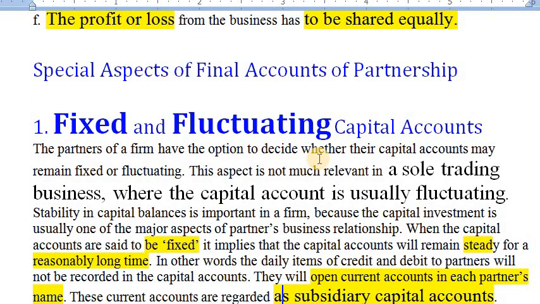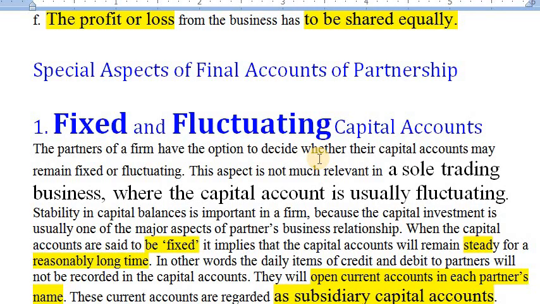If all the partner-related entries are passed through the capital account, that's where you normally expect them. Last year you studied sole proprietorship. In a sole trading business, there is no fixed or fluctuating capital; capital is actually fluctuating. But in a partnership business, if the partners decide to keep their capital accounts fixed, they have to open a second account for normal debits and credits.